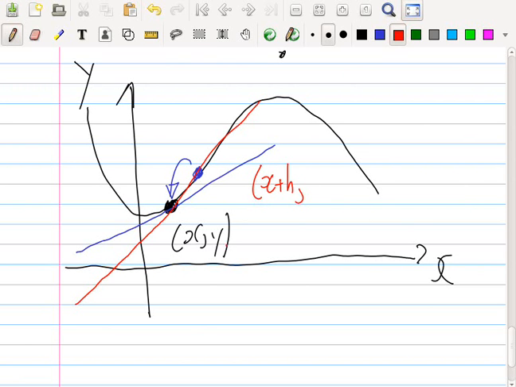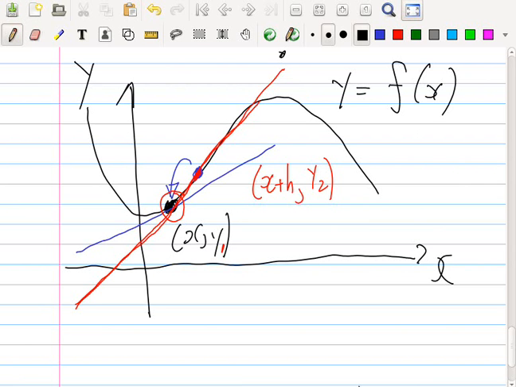If I call this one y1, then this one here will be y2. I know this point, I need a second point to find the slope, so I'll move a little bit to the right and take another point on the curve. It won't be perfect, but it'll be pretty close. Let's call this curve f(x).